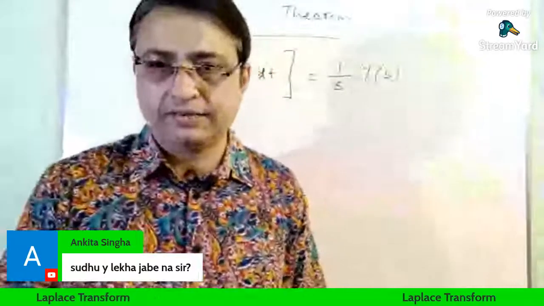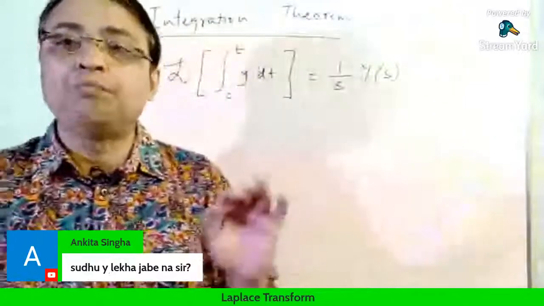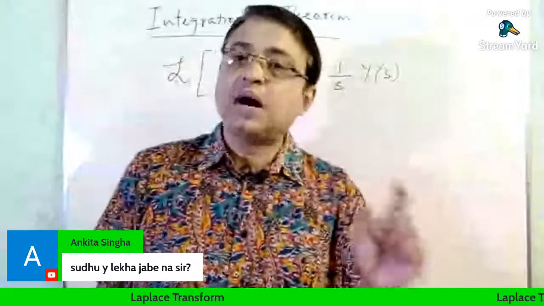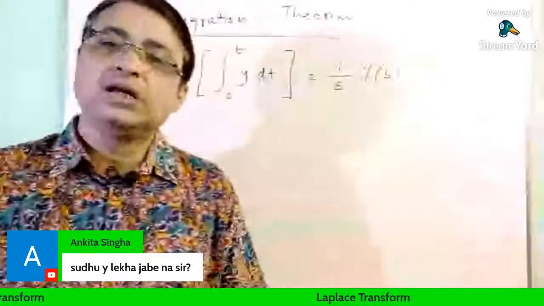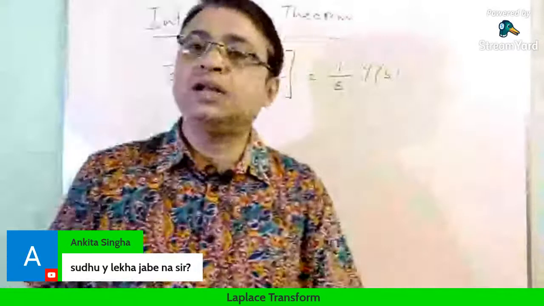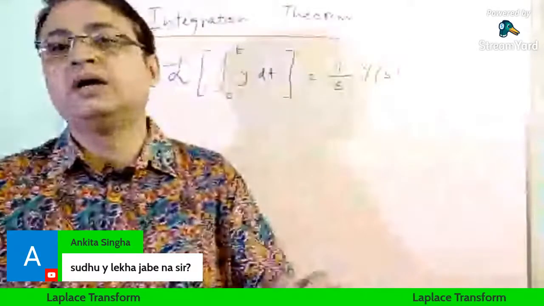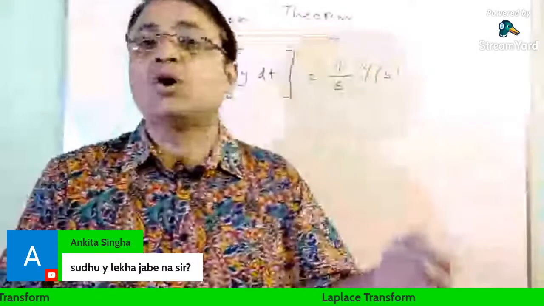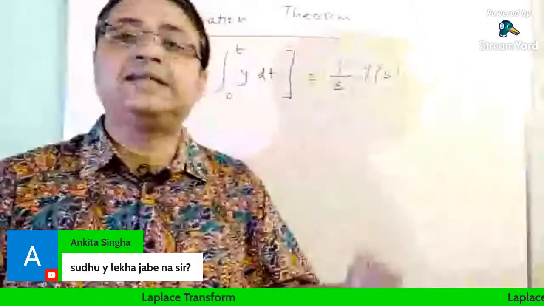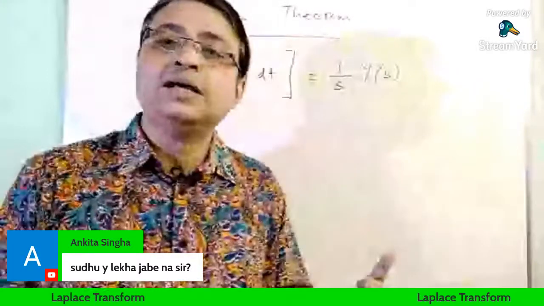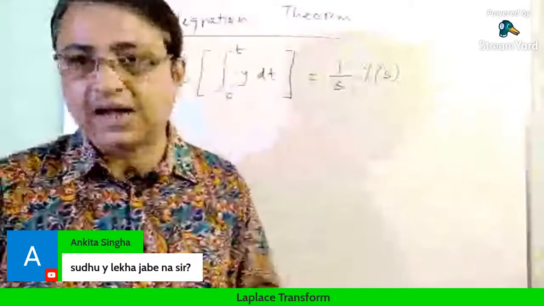Now, how can you represent that amount of charge, when you are not actually connecting or switching on the circuit? Whenever you switch on the circuit, that is at t equals 0, the capacitor holds some initial charge.